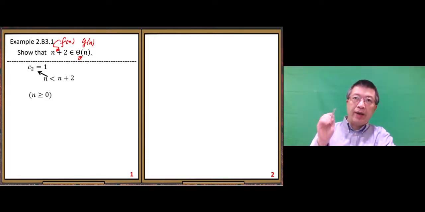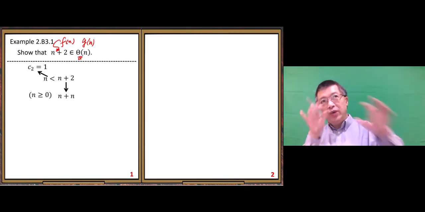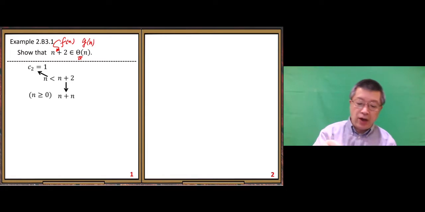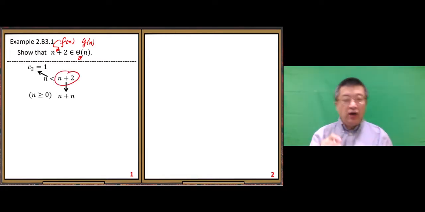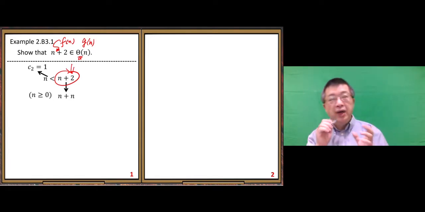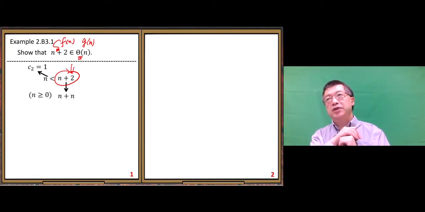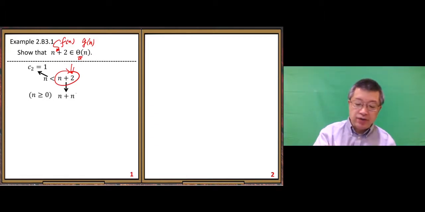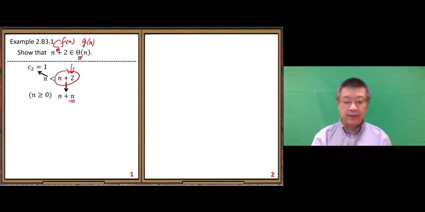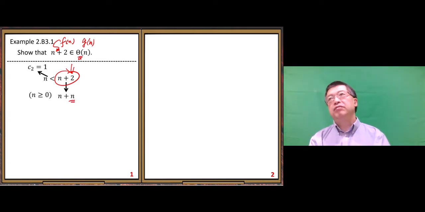Now let's work on the upper bound. This time, we want to control the original function, so we replace that constant 2 by a constant multiple of n. Here, we just replace 2 by n. We want the new expression to be larger than the previous one.